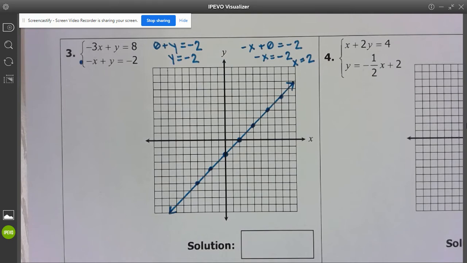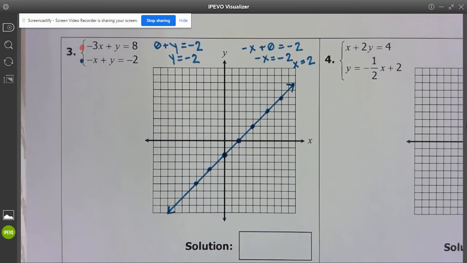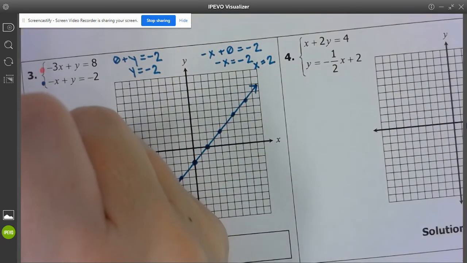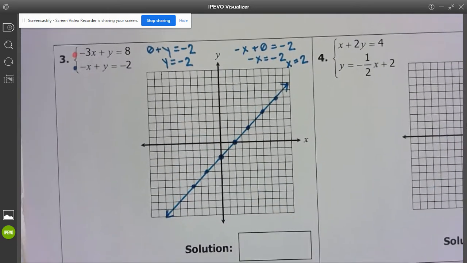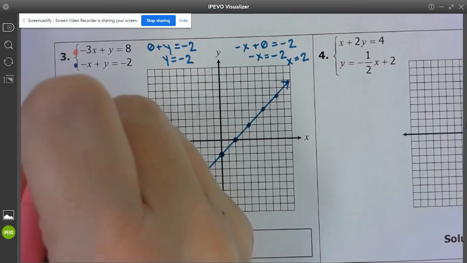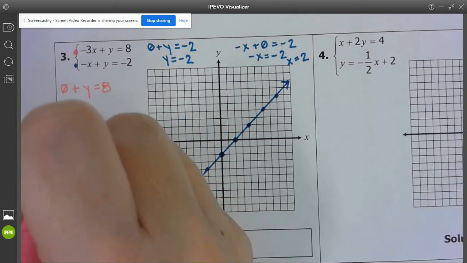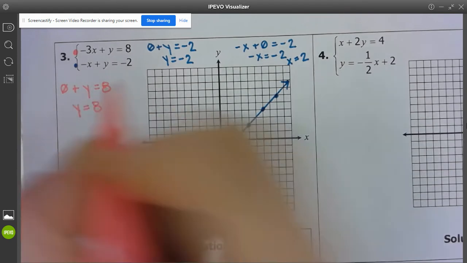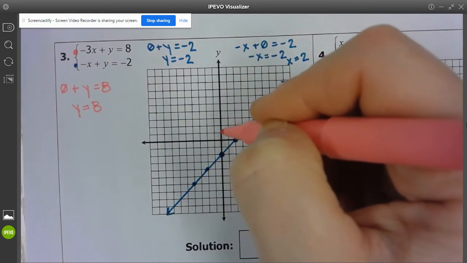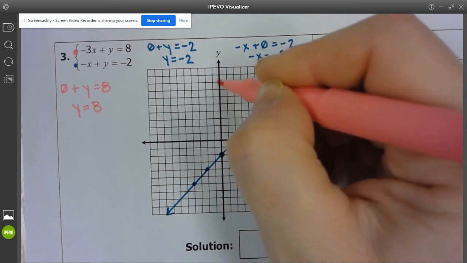Now, if we do the same thing for our first equation, it's not that big of a deal when I substitute 0 in for x, because 3 times 0 gives me 0. So that tells me my y-intercept is 8. Well, that's all well and fine. 1, 2, 3, 4, 5, 6, 7, 8.